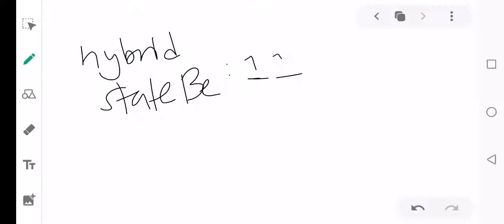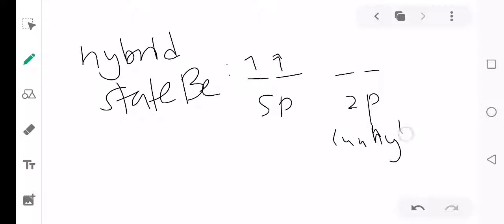That is the hybrid between orbital s and orbital p, right? Leave the other 2p as an unhybridized orbital, so you can state this one is an unhybridized 2p orbital. Alright, done.